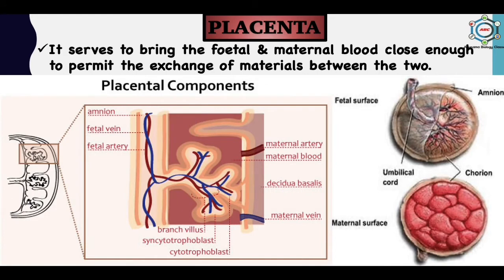And you can see the placental components like the amnion, fetal vein, fetal artery, maternal blood, decidua basalis, maternal veins, chorionic villus, syncytiotrophoblast, cytotrophoblast, etc. So these are the placental components.